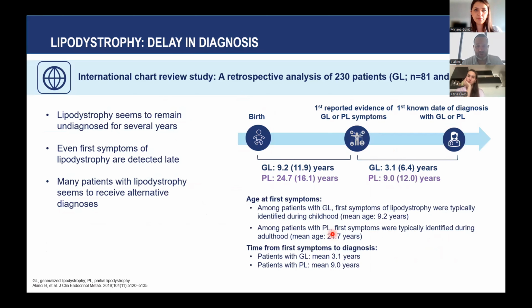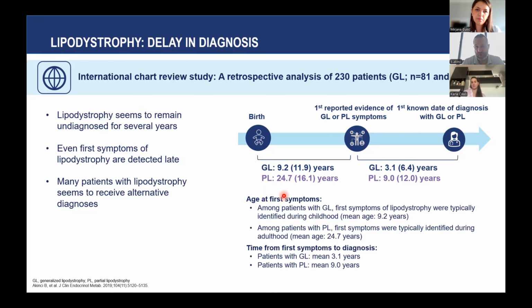There are a lot of additional findings reported in the study, but one striking finding is that it takes quite a long time for these patients to come to a physician with their symptoms. For generalized lipodystrophy, it takes overall around 9 years, and for partial lipodystrophy, it's more than that, 24 years.